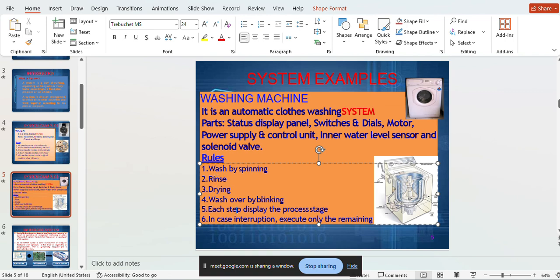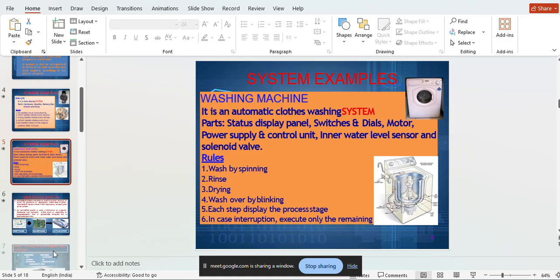So this is interruption: execute only the remaining part. These are some rules inside the washing machine. If the washing machine works according to these rules, then it is called a system. If it fails any one process, it is not called a system.